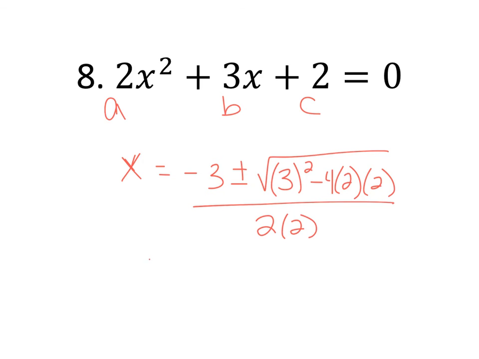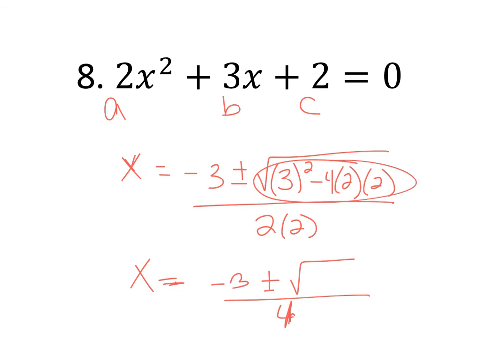X equals negative 3 all over 4 plus or minus, and remember, just type in the inside of the radical, so 9 minus 4 times 2 is 8, 8 times 2 is 16, so 9 minus 16, negative 7, and then remember this needs to be reduced into negative 1 and 7, where the negative 1 is an i. It's an imaginary number.